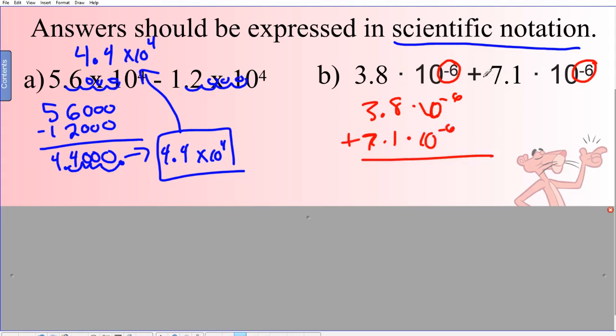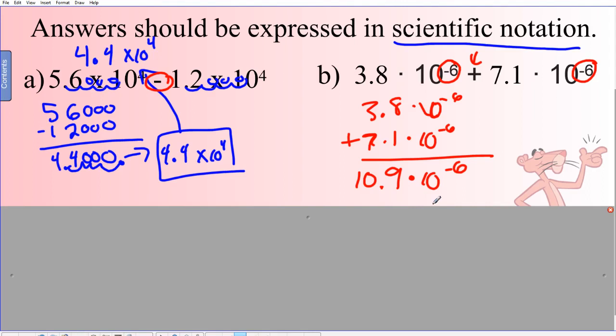So I'm adding. It's a plus problem, addition. So I'm going to add my decimals, just like I subtracted my decimals in the last problem, because this was a subtraction problem. I subtracted. Here it's an addition. So 8 plus 1 is 9. 7 plus 3 is 10. Times by 10 to the negative 6th. And I have a problem.